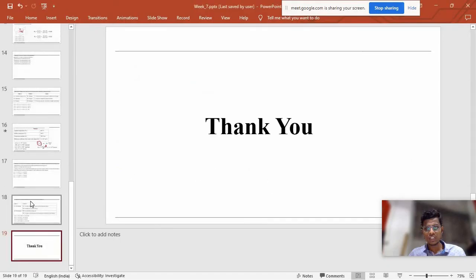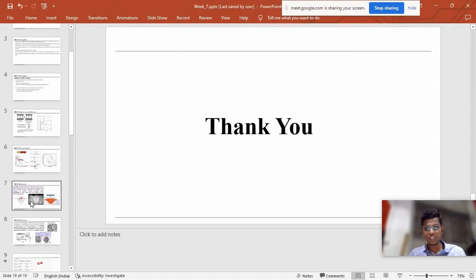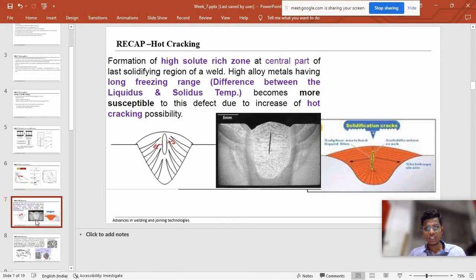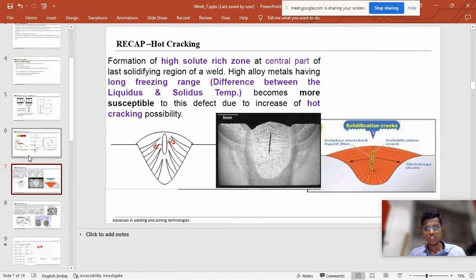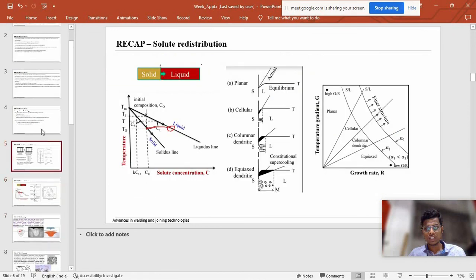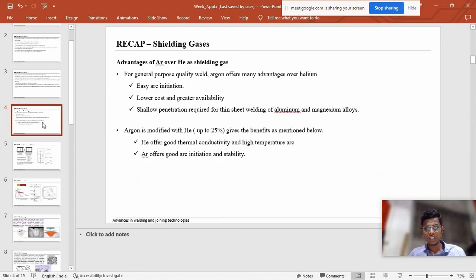Till this point, this session is recorded. But from this point till the solute redistribution, residual stresses, and also the effect of shielding gases, somehow it is not recorded.